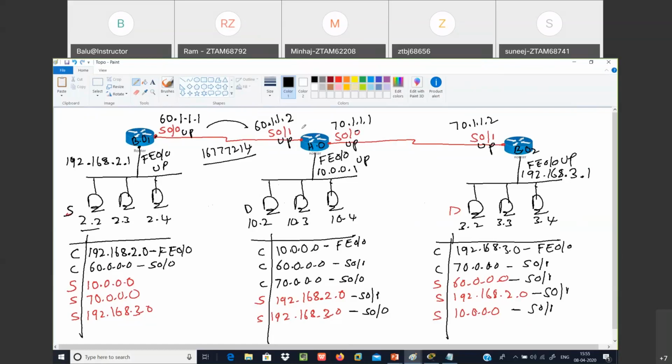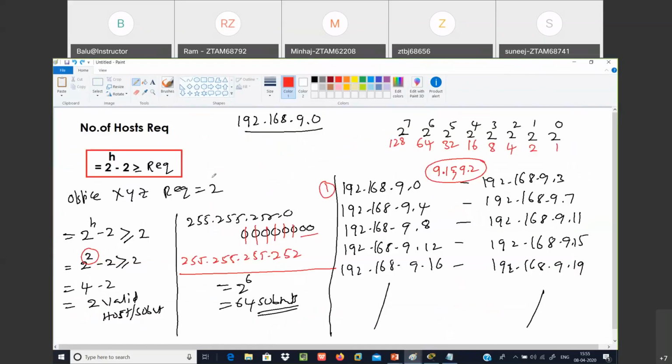Is it good? No, don't use a direct network. Customize it based upon requirement. Mostly two IPs you can use for point-to-point connectivity, like R1 and R2.